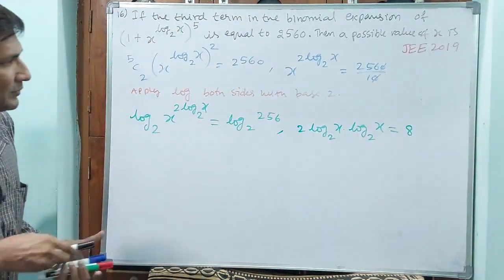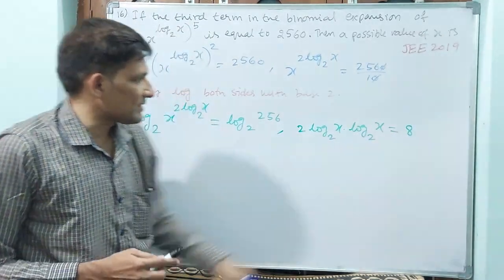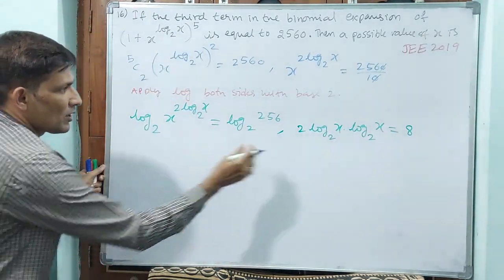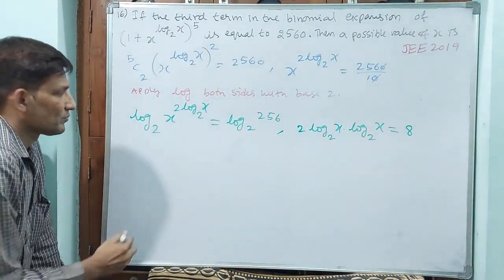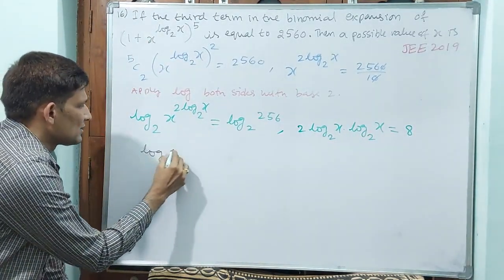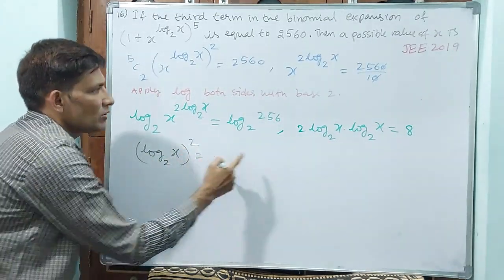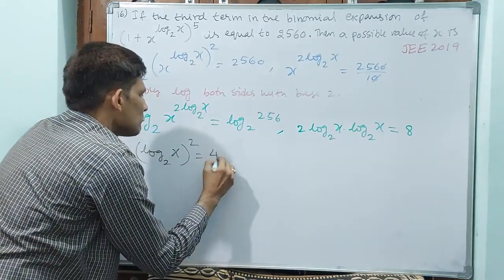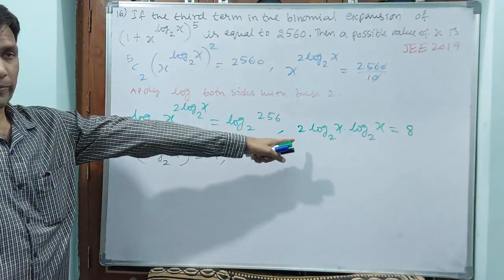Okay, if that is the case, see what will happen here. 2 you send this side. Log x to the base 2 whole square is equal to 8 by 2, 4. Okay? Log x to the base 2 whole square is equal to 4.